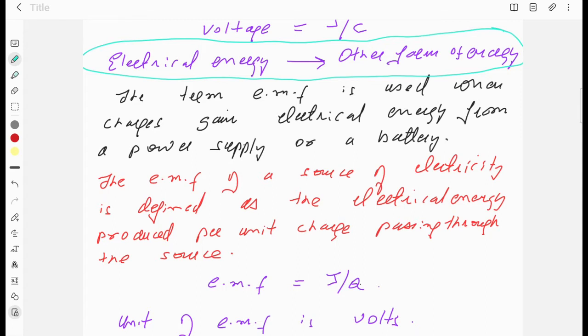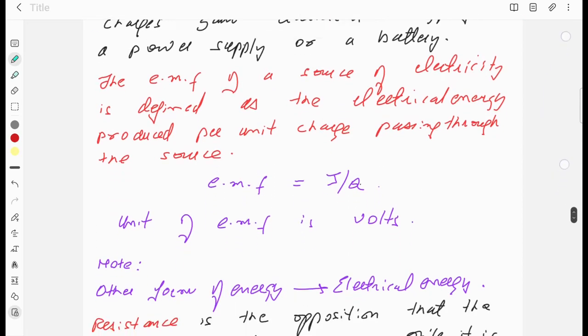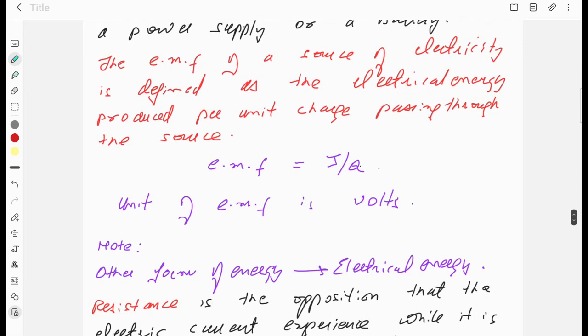Usually a battery is the source of EMF, electromotive force, because the battery provides the work done per unit charge required. You can also learn EMF as joules per coulomb.